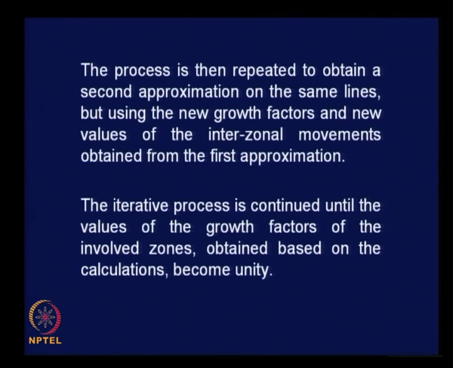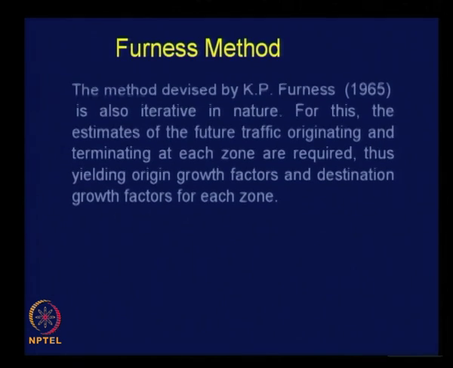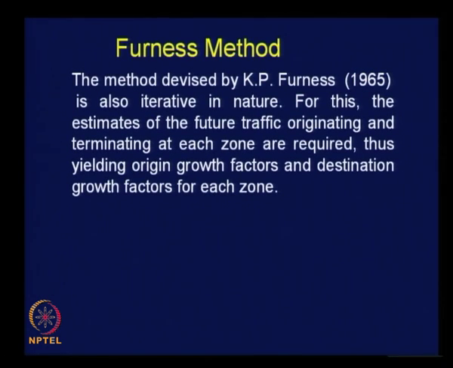and after Fratar, a person named Furness suggested a similar method, but relatively simpler in the analytical procedure. The method devised by K.P. Furness in 1965 is also iterative in nature.